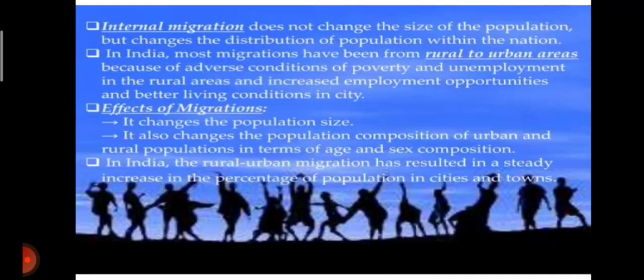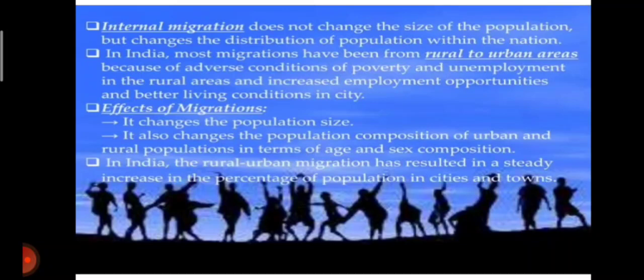In India, most migration has been from rural to urban areas because of adverse conditions of poverty and unemployment in the rural areas, and increased employment opportunities and better living conditions in the city.